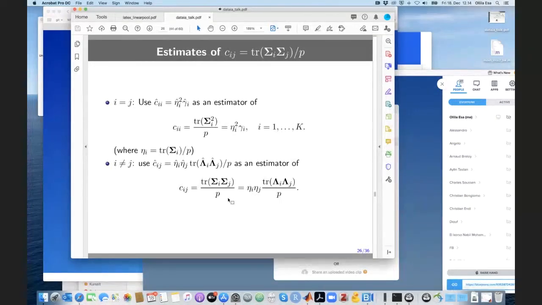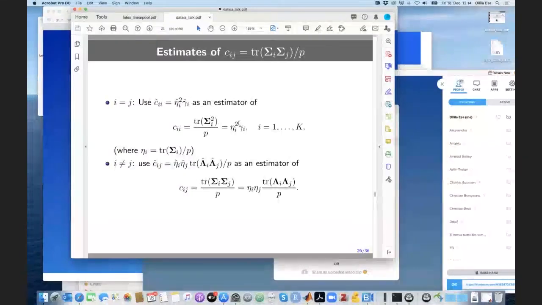So now we have an estimator of mean squared error, and now we just need to build an estimator of these inner products, so these constants C_ij. To do this, we use these lambda hat i's. If you look at how these diagonal terms look, they are just the sphericity of the ith class times the scale of the ith class to the power of 2.